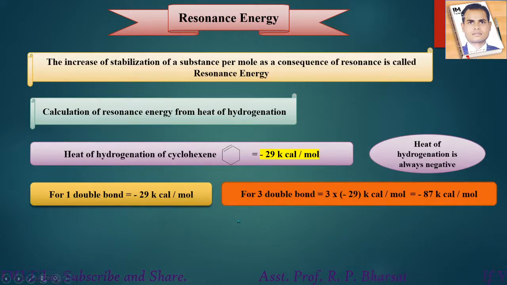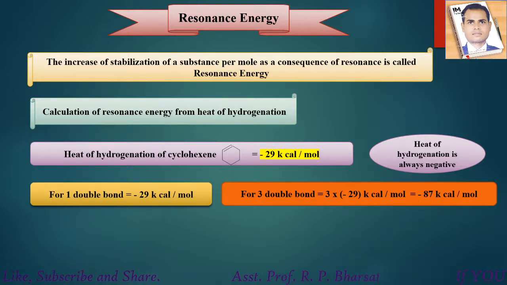In this way you can write for 3 double bonds. You can calculate 3 into minus 29 kilocalories per mole, so you will see minus 87 kilocalories per mole.